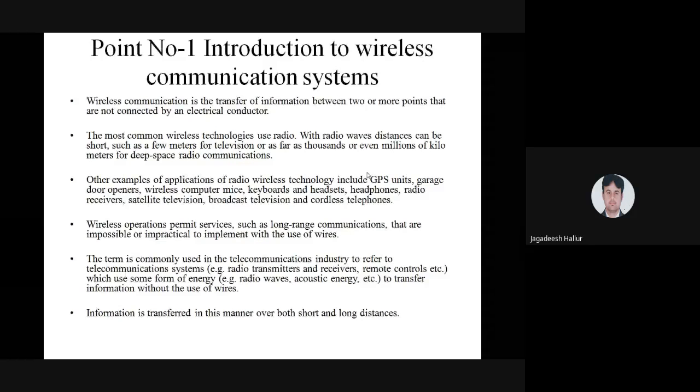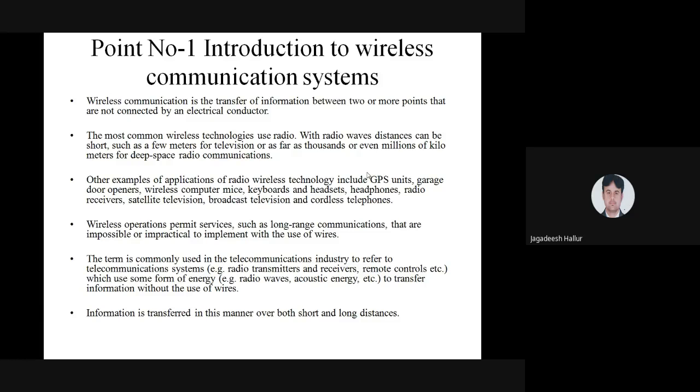Wireless is nothing but there is no connection from one end to the other end. What is wired? There is a physical connection from one end to the other end. Wireless means there is no connection between the two ends.